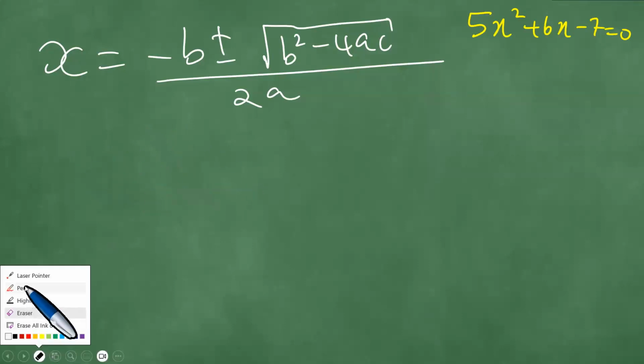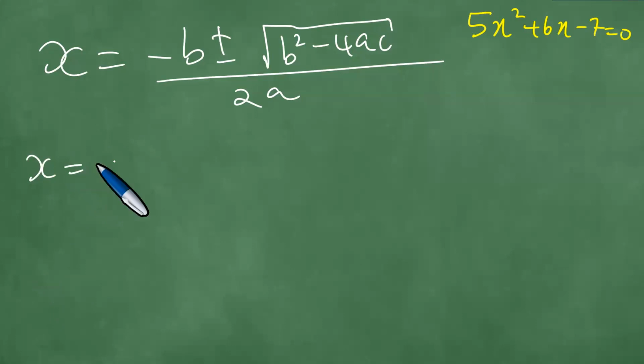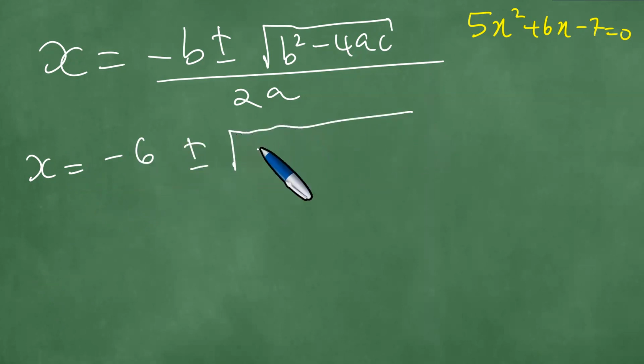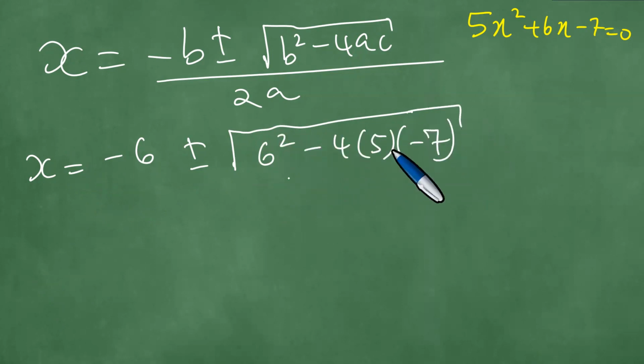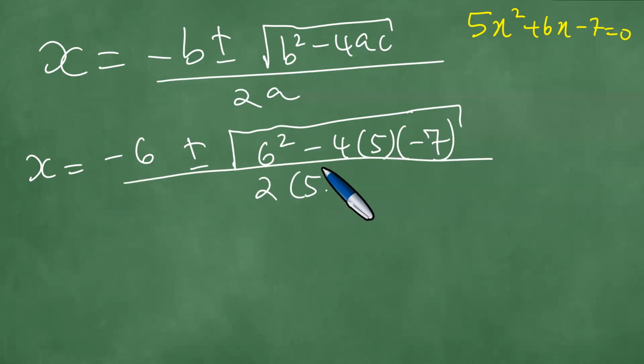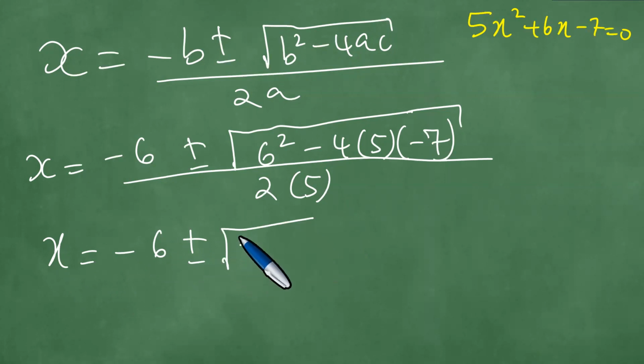So, okay, now what we're getting here, guys, is that x is minus b, which is minus 6, plus or minus the square root of b squared, 6 squared, minus 4a, c is minus 7, divided by twice a, which is 5. So we saw that it is 176 under the square root divided by 10.